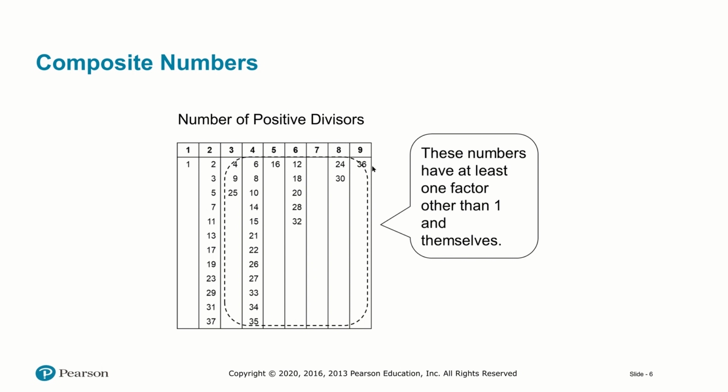Note that all these other numbers, including the ones with only 3 divisors, have at least one factor or divisor other than 1 and themselves. These numbers that have at least one factor other than 1 and themselves are called composite numbers. So natural numbers greater than 1 are categorized into two groups.